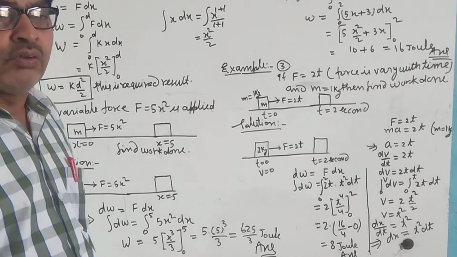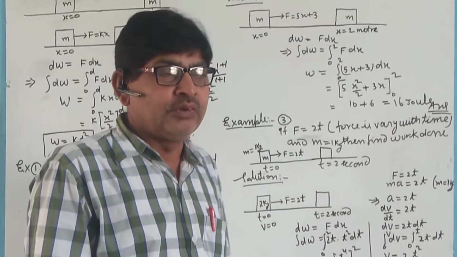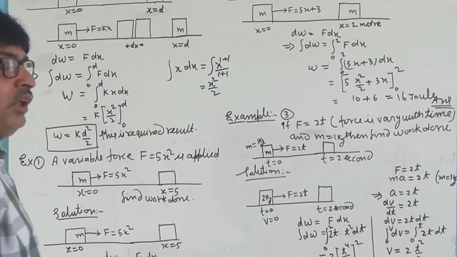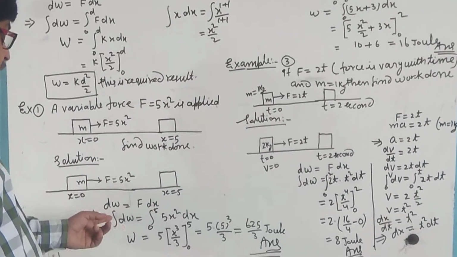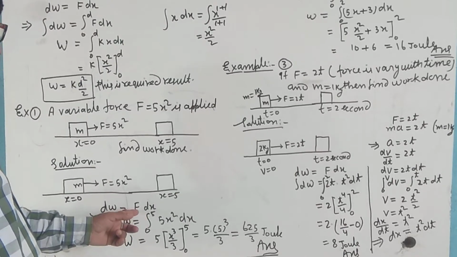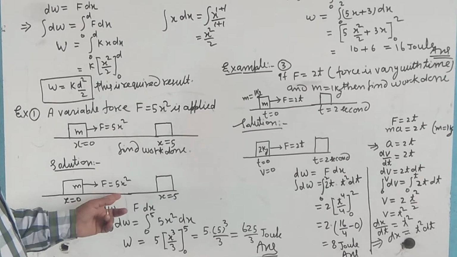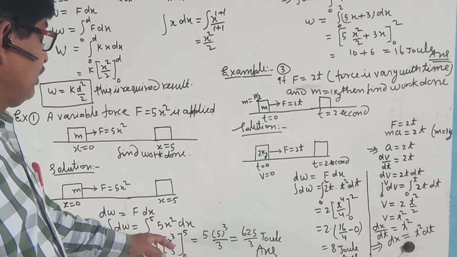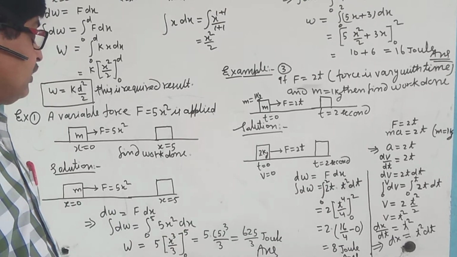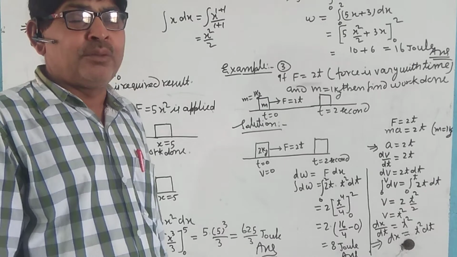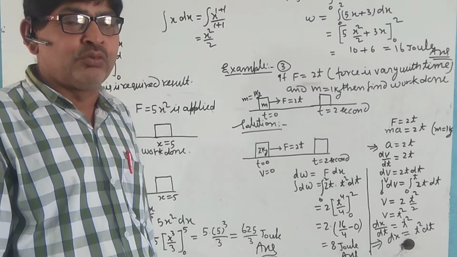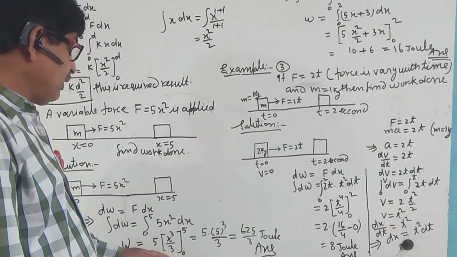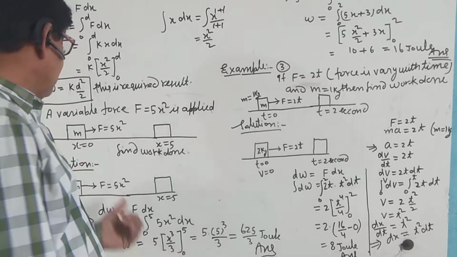Now we know that the work done dW is equal to F dx. Integrate this from x equal to 0 to 5. Integration of dW is equal to the integral from 0 to 5 of F dx, where F is equal to 5x squared, and the 5 comes outside. Integration of x squared dx is x to the power 2 plus 1 divided by 2 plus 1, that is x cubed by 3, so 5x cubed by 3 with limits x equal to 0 to 5.